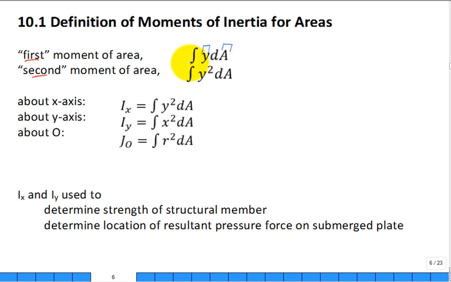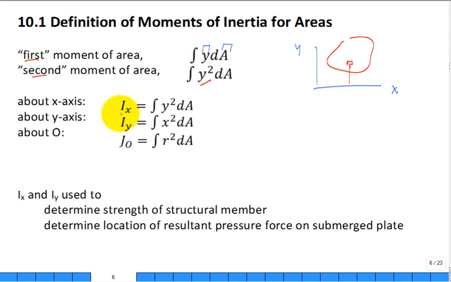That's what it is. So if I said, here's your x, y, and here's some area out here, if this is a little chunk dA, it's that distance from the x-axis. That's what y stands for. And it changes as you move around and do that integral over the area. And then this one is y squared. It's the distance squared. All right.